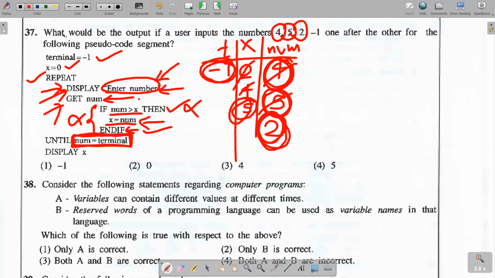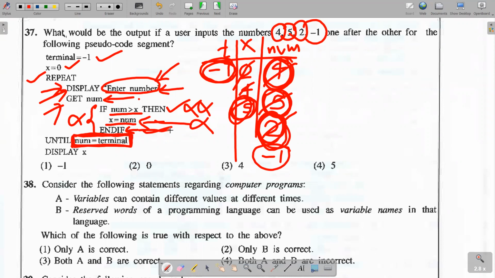So it will ask for a number, and the number provided is -1. So now num is going to be -1. And it says if num larger than x, num is -1, x is 5, so not larger. This is wrong. This is wrong means we are not coming to this particular statement.